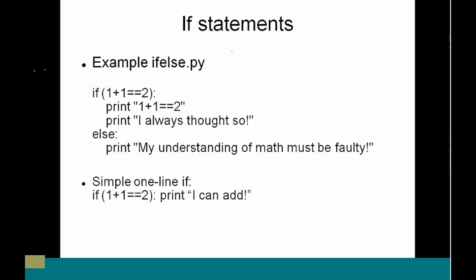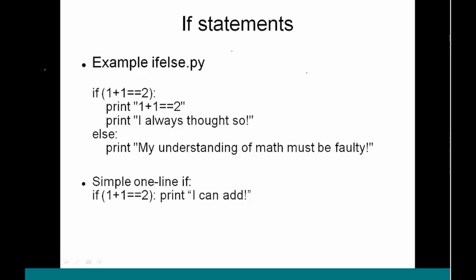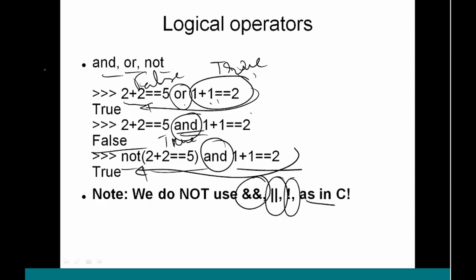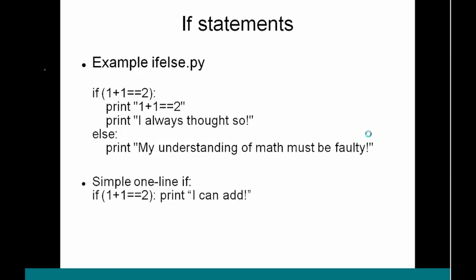Even though we won't specify the double ampersands and all these things, there will be single ones that are used, which are mostly used for the bitwise operators. We will talk about that a little later.